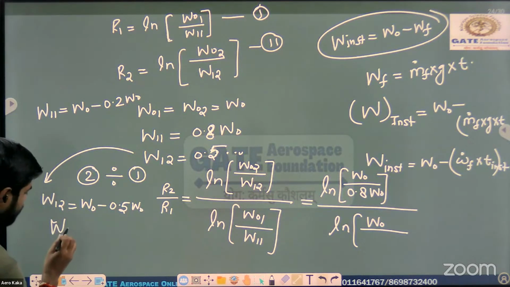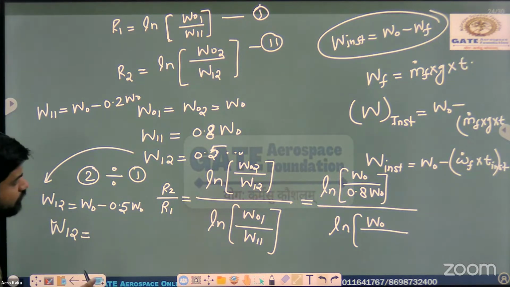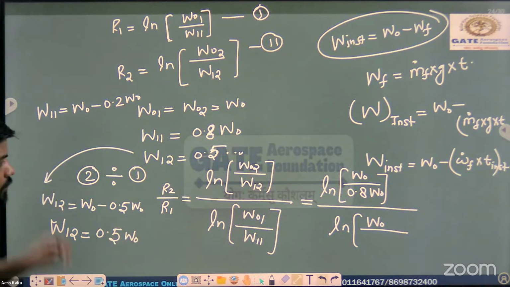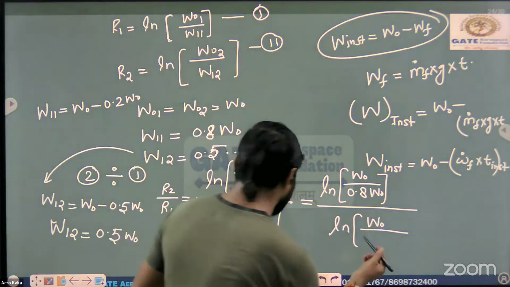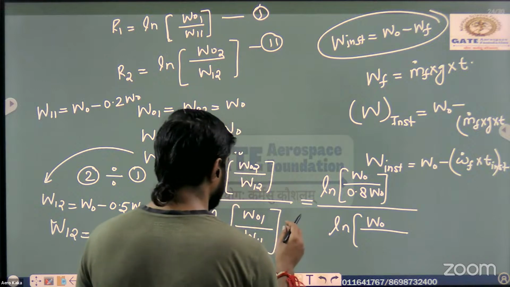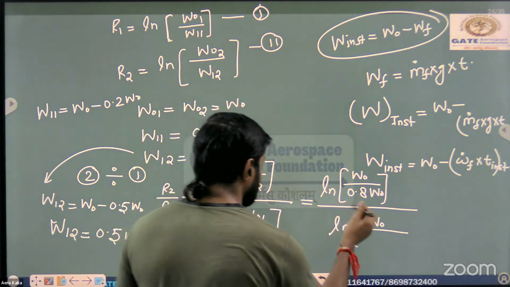So you can write W12 is nothing but 0.5 times of W naught only. Check. W naught divided by W11 is how much? Something is wrong. It should be 0.5 now.